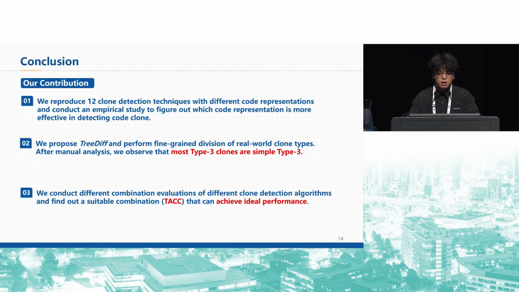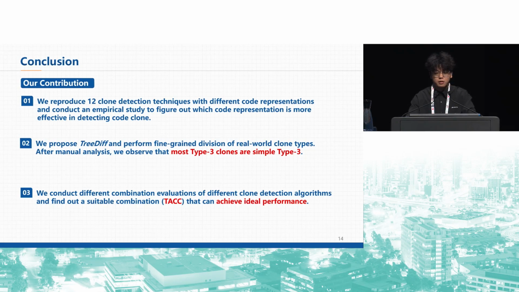In the end, I will summarize our work. At first, we reproduce 12 clone detection techniques with different code representations on a unified platform and conduct an empirical study to figure out which code representation is more effective in detecting clones. Number 2, we propose tree-diff and perform fine-grained division of real-world clone types.